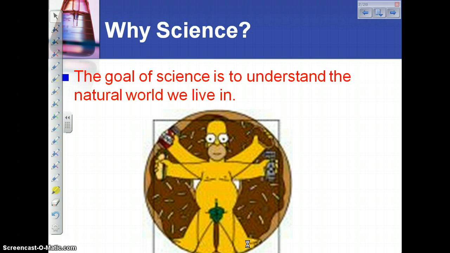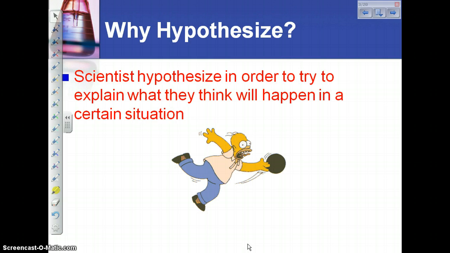Basically, science as a whole is a way and goal of understanding the natural world we live in, whether we're talking plants or animals or the ocean or geology or the universe itself, trying to figure out how and why it works in a given manner so that we can use those predictions, use the hows and the whys, to our benefit. Scientists will try to explain how the world is working and how certain situations occur.